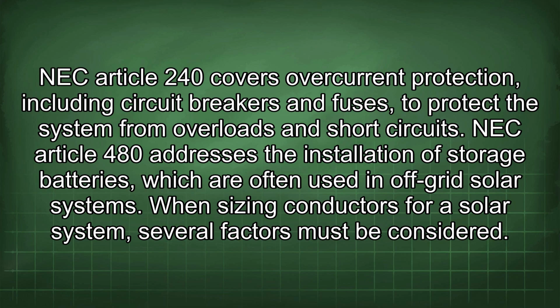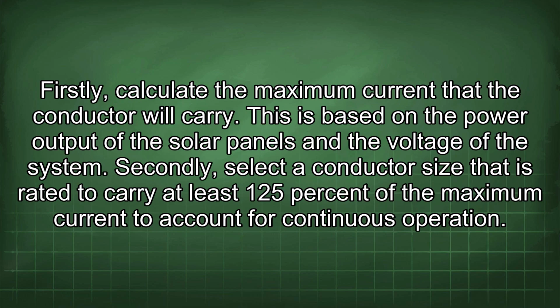When sizing conductors for a solar system, several factors must be considered. Firstly, calculate the maximum current that the conductor will carry. This is based on the power output of the solar panels and the voltage of the system. Secondly, select a conductor size that is rated to carry at least 125% of the maximum current to account for continuous operation.